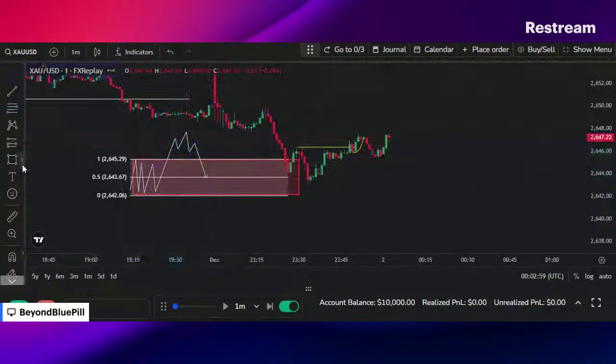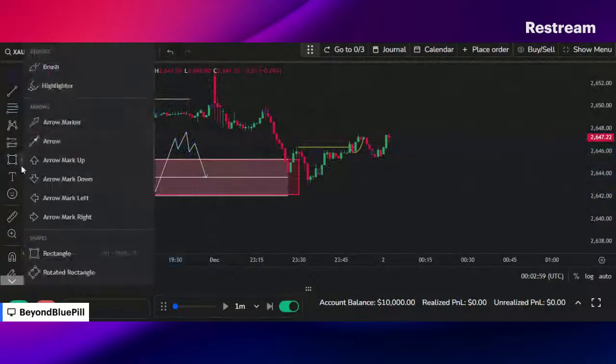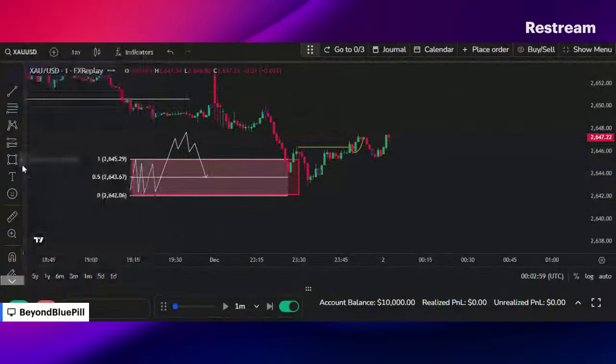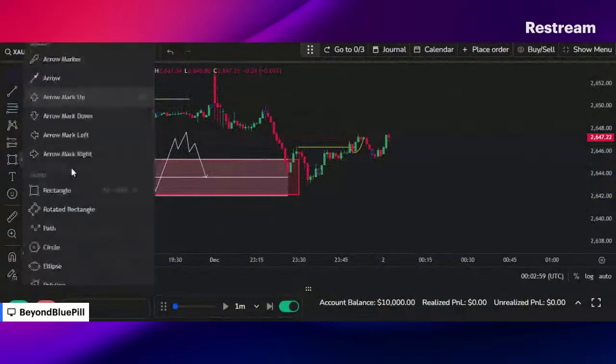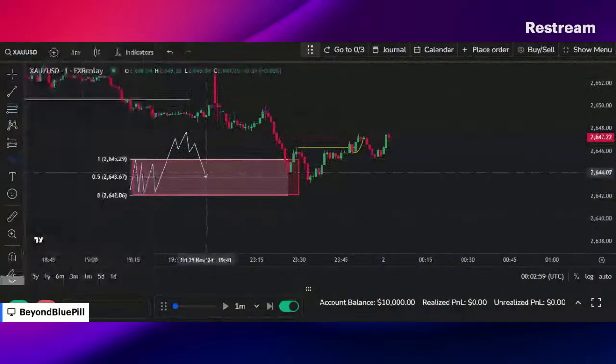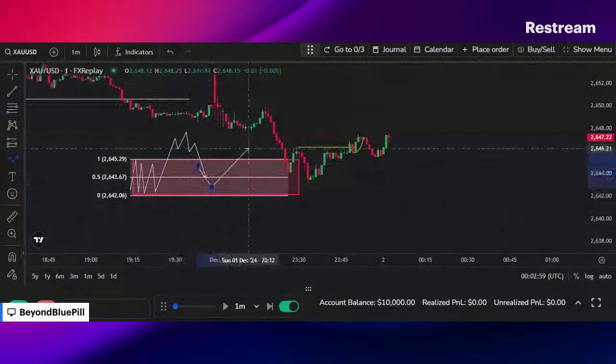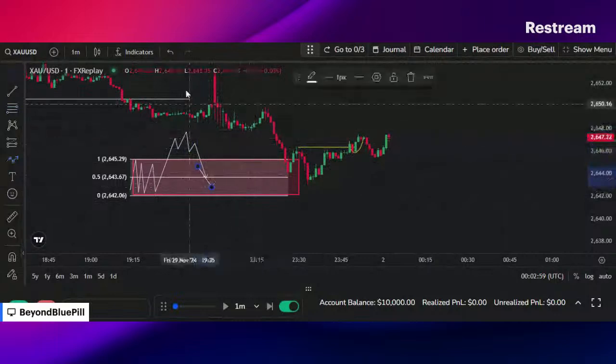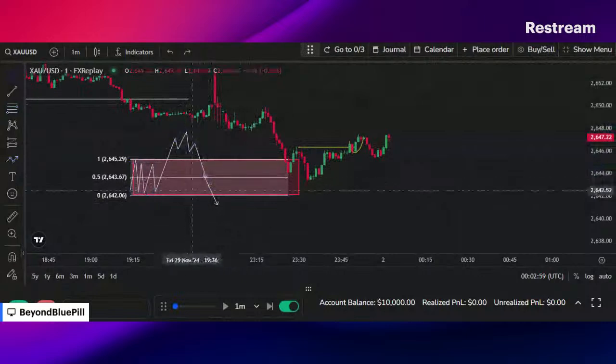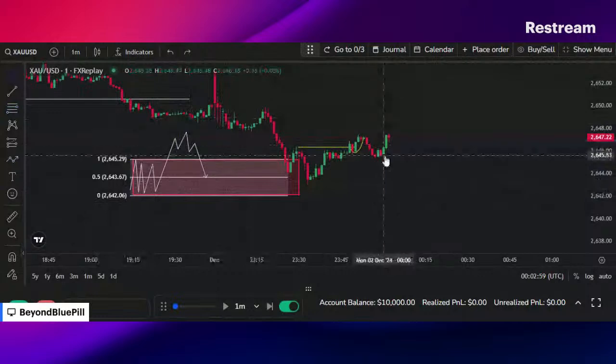More often than not, price usually runs this, and there are times where you won't get that run. Price would mitigate the 70 or 60 and then leave. But yeah, this is what I trade. I personally take my profit at 50% of this.